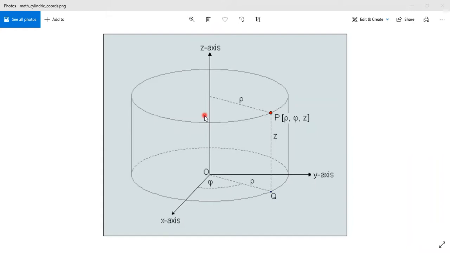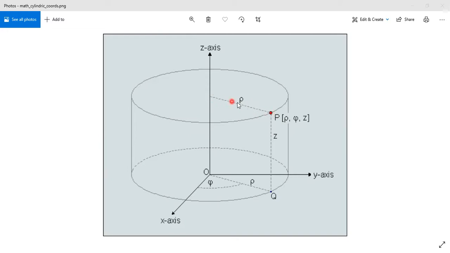Any point P, which has x, y, z coordinates, can also have cylindrical coordinates, and the cylindrical coordinates are represented by rho, phi, and small z. What is rho? Rho is nothing but the perpendicular distance of this point from the z-axis.